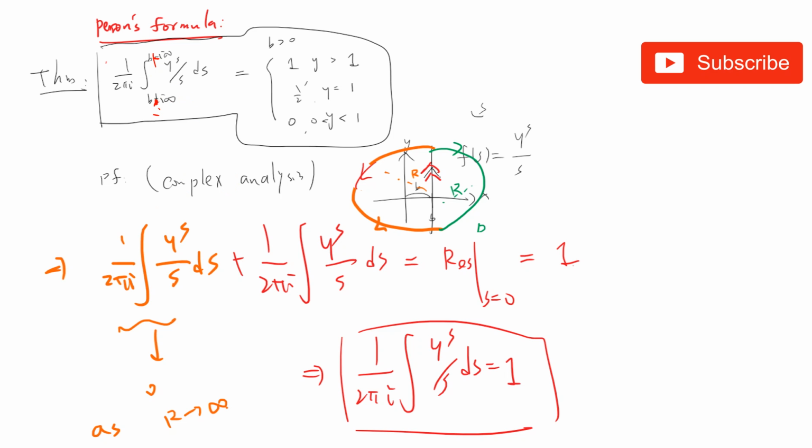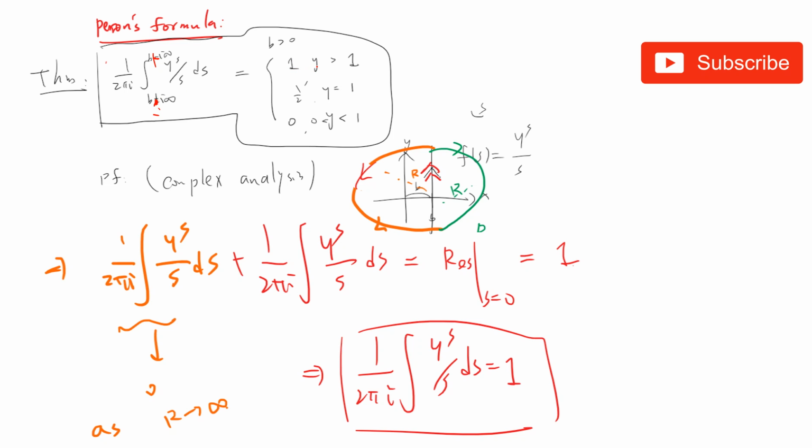The proof is basically using complex analysis, and we prove three different circumstances. Let's prove the case y greater than 1 first.